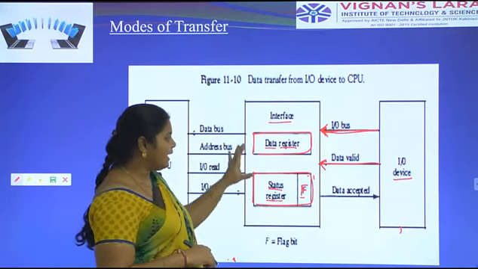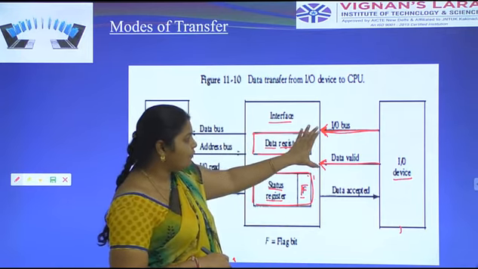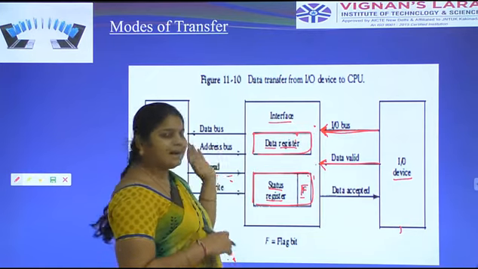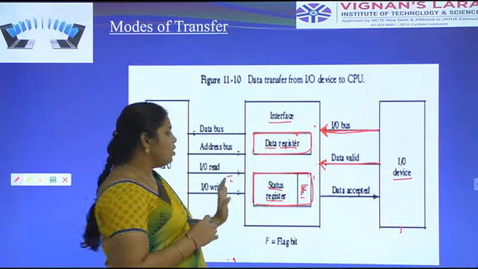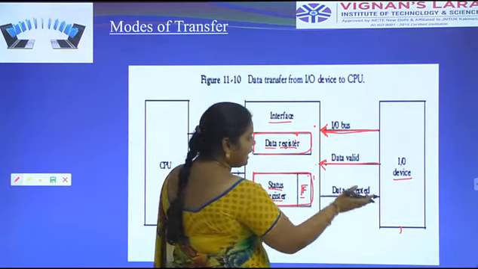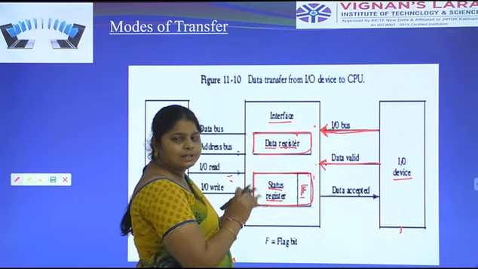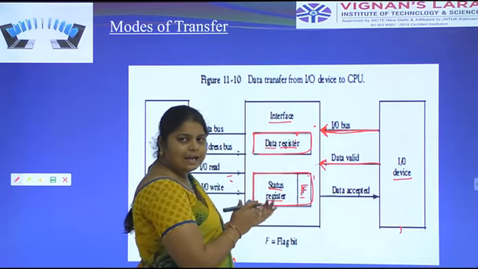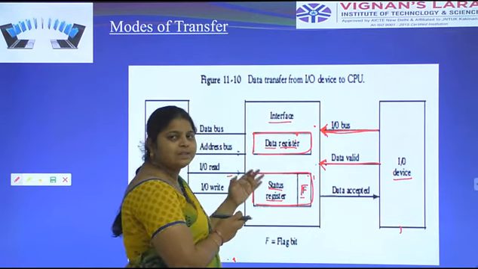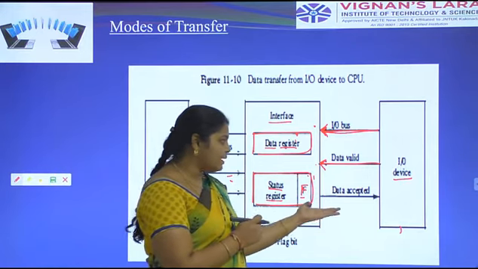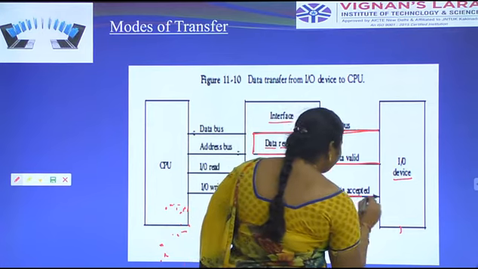Here, the data from the IO devices, along with IO bus and data valid, is transferred to the data register. Whether the data coming from the IO devices is a correct, valid input or not is identified with the help of the data register and status register, and that information is transferred to the IO devices.